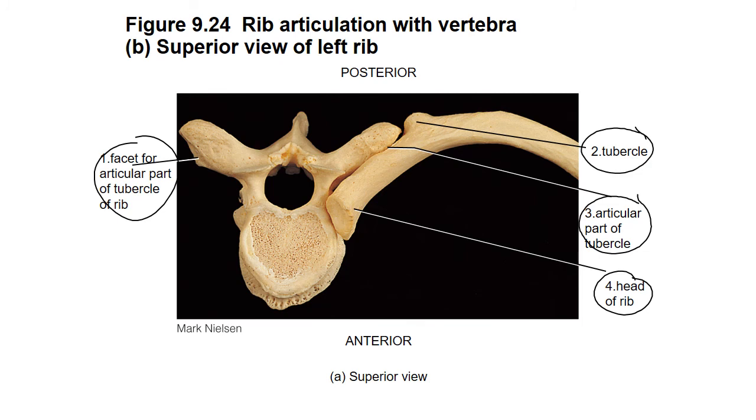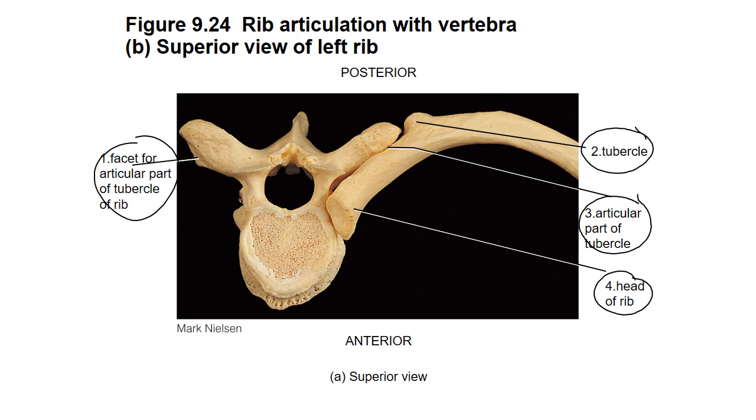The superior facet of the head of the rib would touch the inferior demifacet of a vertebra, and the inferior articular facet of the head of the rib would articulate with the superior demifacet of the thoracic vertebra.